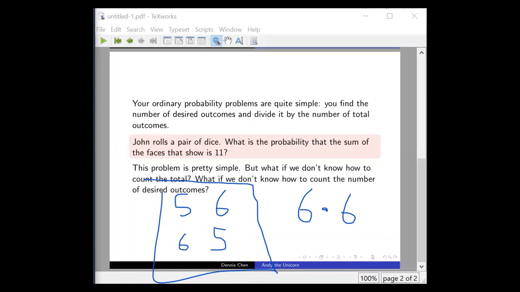All right. Let me copy the problem statement real quick.